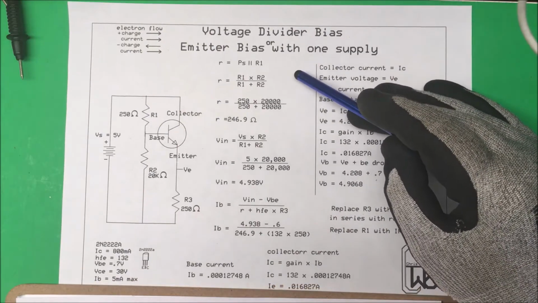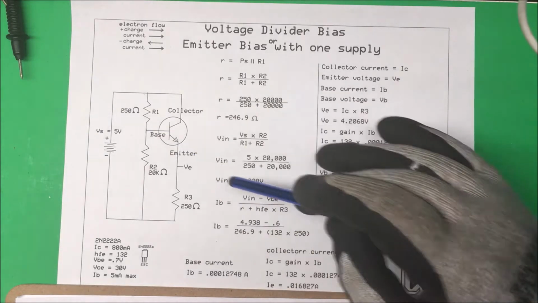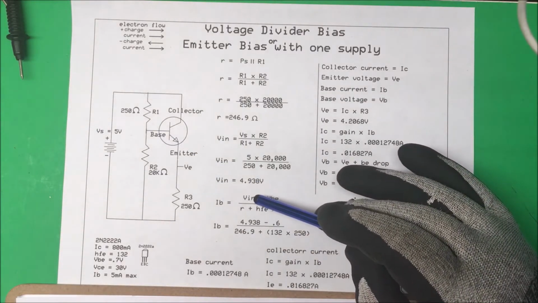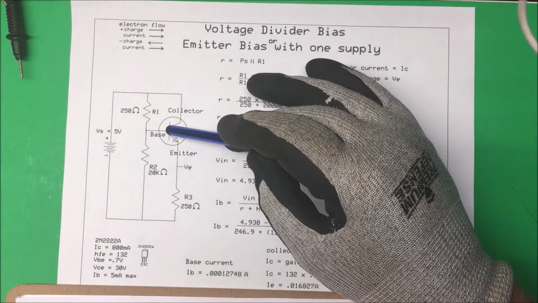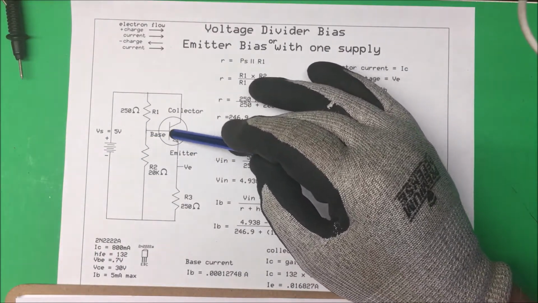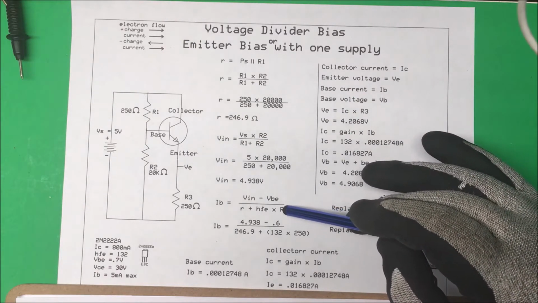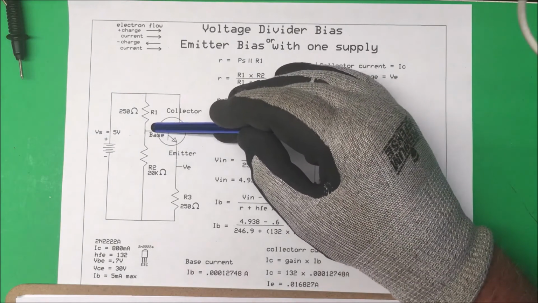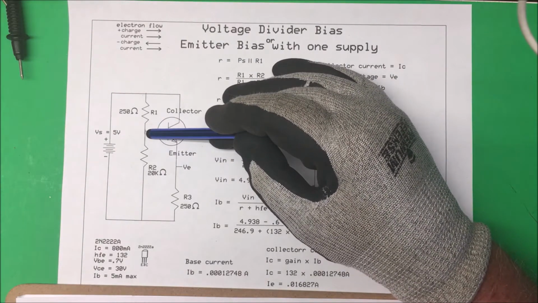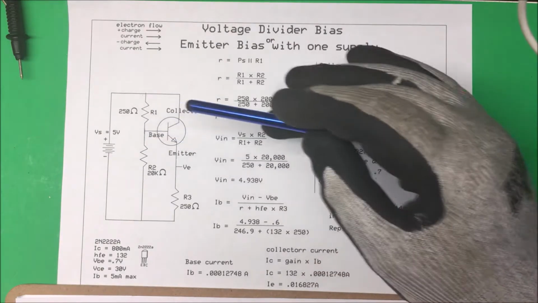Now we want to find the current at the base here. So the base current is going to be equal to the voltage, which is our V_TH, our base voltage, minus the drop across our diode here, the drop from the base to the emitter, which is going to be about 0.6 volts. And then we divide that by our resistance. The resistance of our voltage divider here, which is 246.9 ohms.